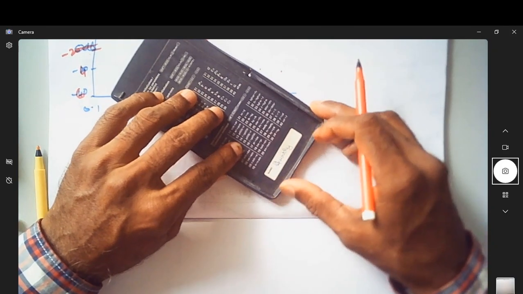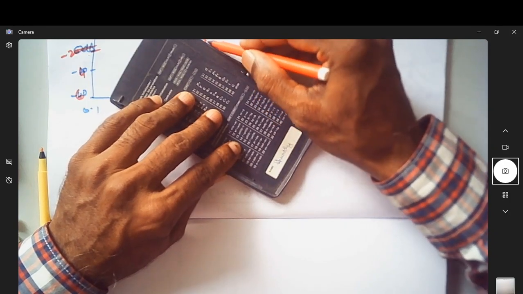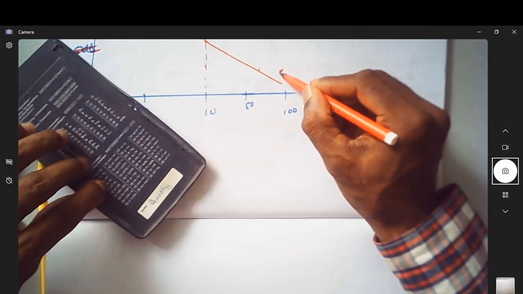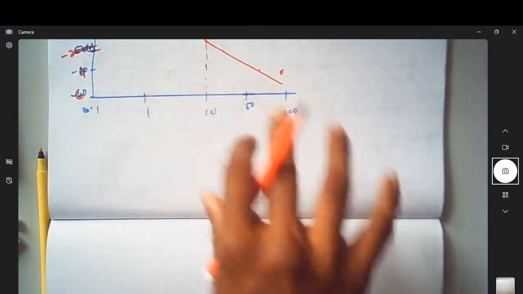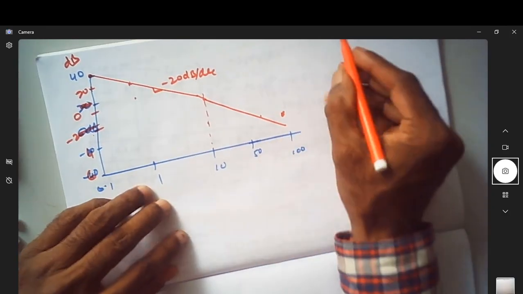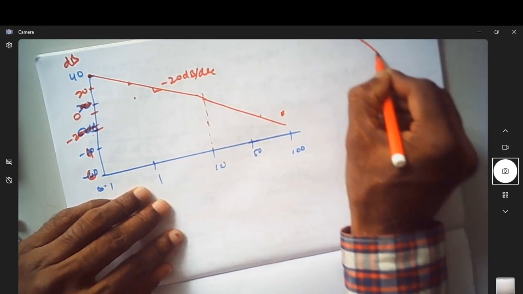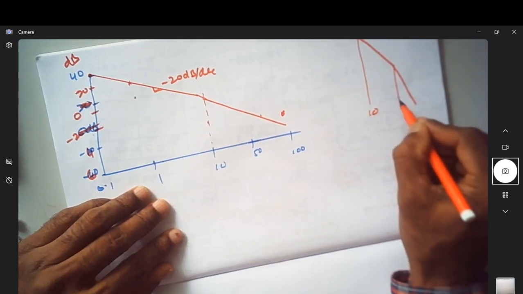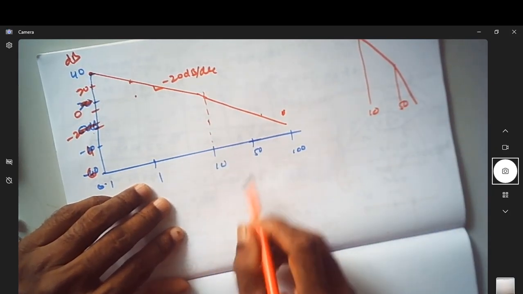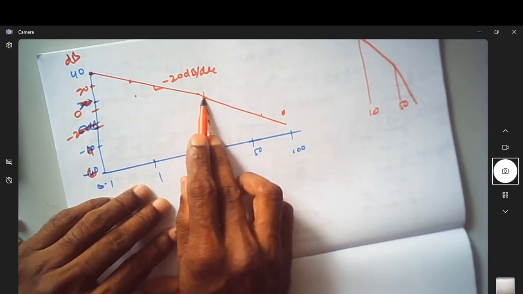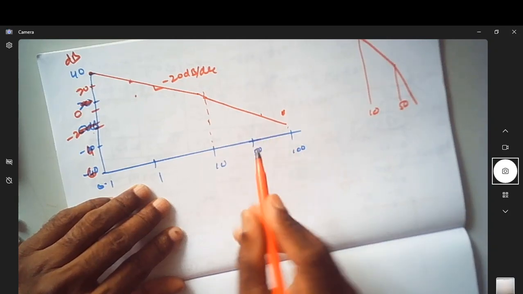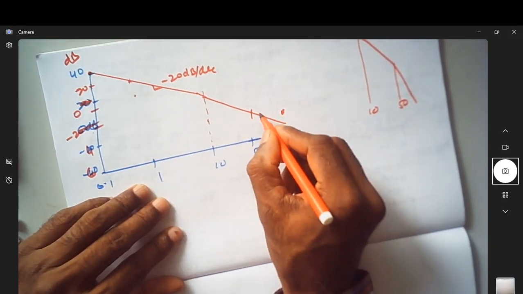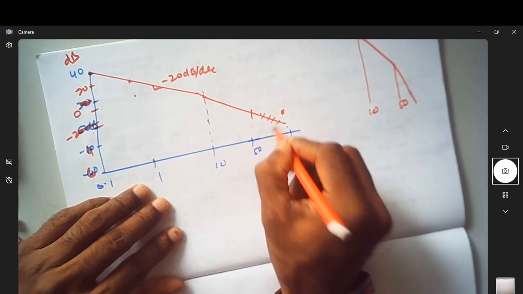Actually what happens is this will have a much steeper slope. This is not correct. Of course, when we actually draw it on the graph sheet, it will be like this. So it goes like this, and then it comes like this. This is at 10, this is at 50. Now you took it up to 100, but at 50 the slope changes, so you cannot continue.